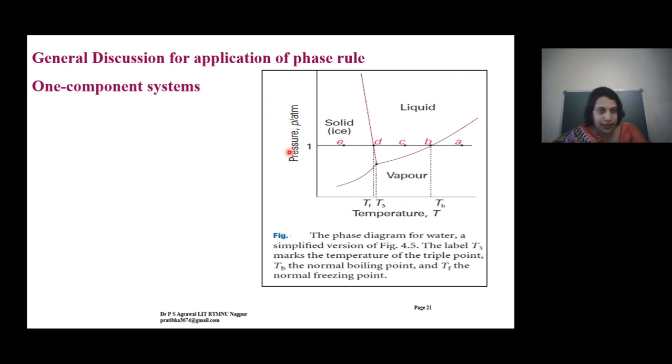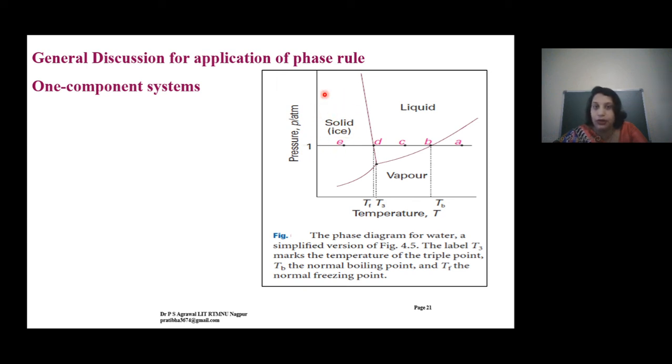When these two phases exist in equilibrium, then at that time F will be equal to 1. One degree of freedom, and we will reach the curve, the curves which separate the three phases. There are different areas in the phase diagram which represent the solid phase, liquid phase, gas phase, single phase area.